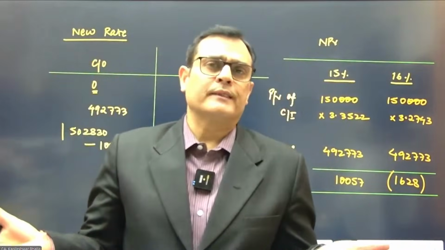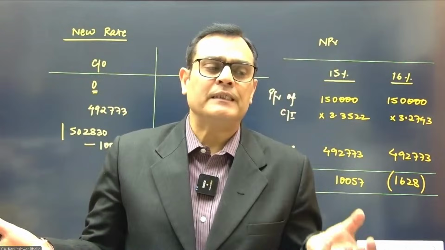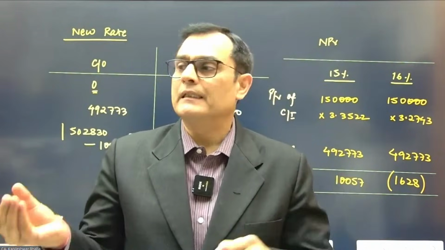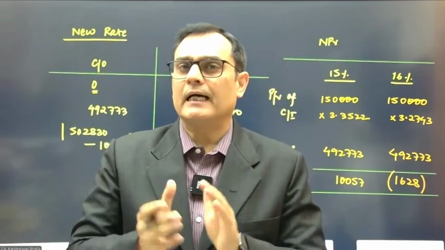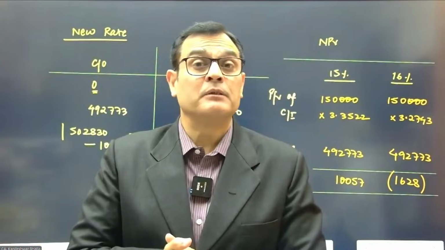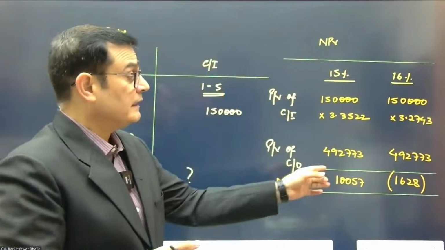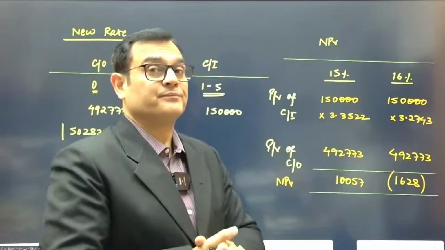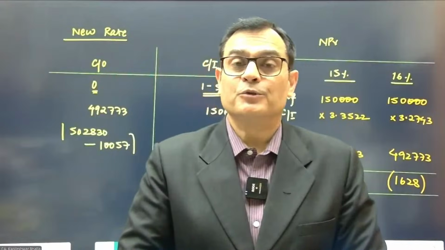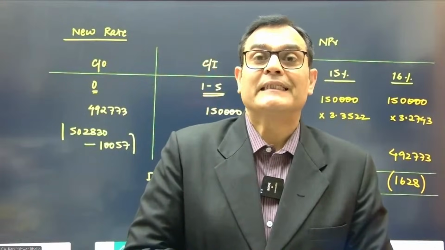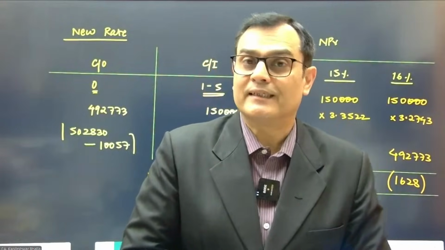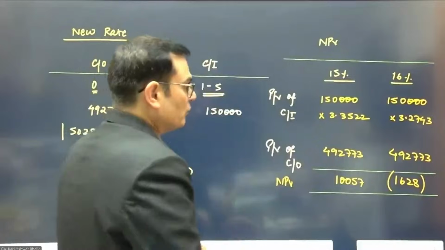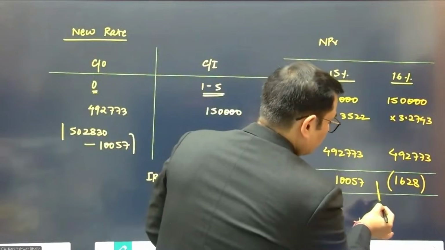Rest you know that once you calculate the NPV positive on 15, negative on 16, the IRR is the point between 15 to 16 because the NPV is going to be 0 in between. So you can now use a unitary method, or what you call an interpolation in technical terms, and get the IRR. First of all, I need to go to the midpoint.